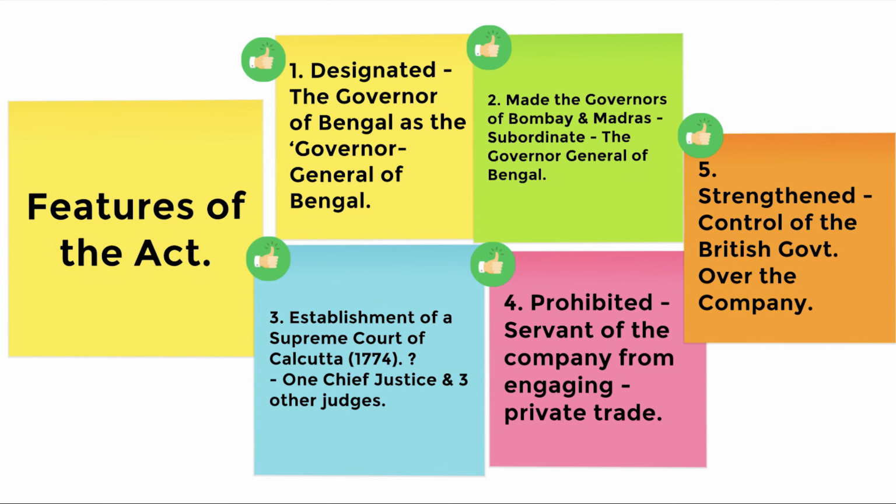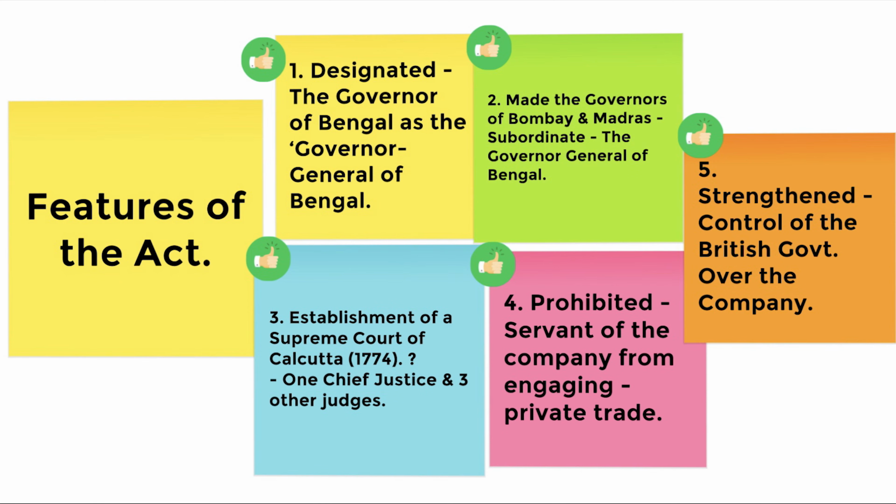Second very important feature of this act is this, that it made the governor of Bombay and Madras presidencies subordinate to the Governor General of Bengal. Now this is very important. So second very important change with this Regulating Act 1773 they introduce is that the governors of Bombay and Madras presidency will be subordinate to the Governor General of Bengal.